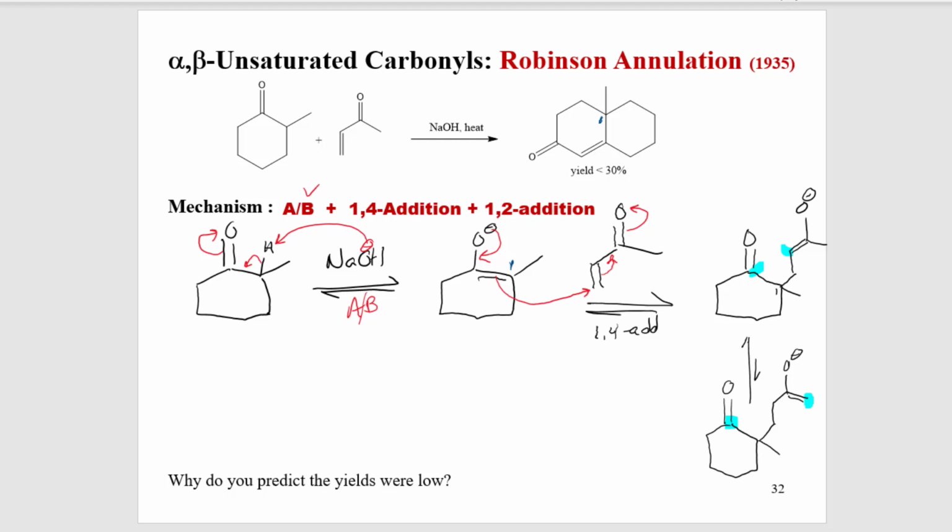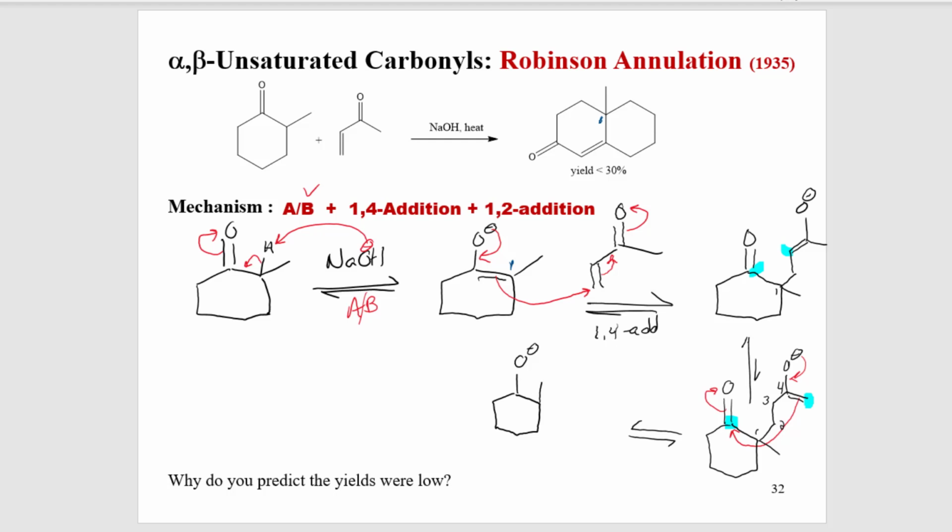Now, this is so much more plausible in doing our 1-2 addition. So the enolate comes down, the carbon minus attacks the carbonyl in a 1-2 addition, and we are now, with that being carbon 1, O minus. Let's number these 2, 3, 4.